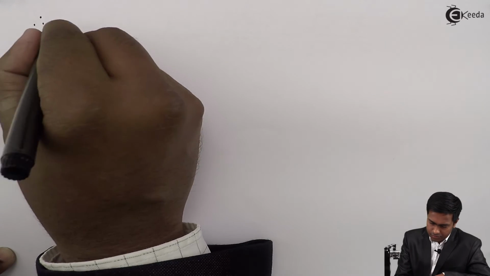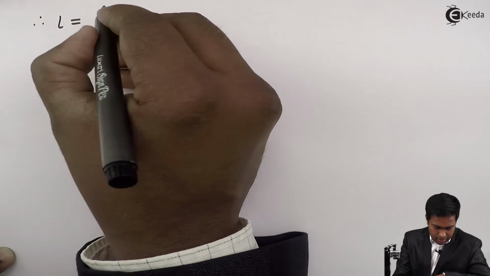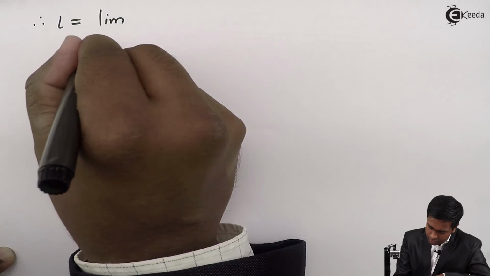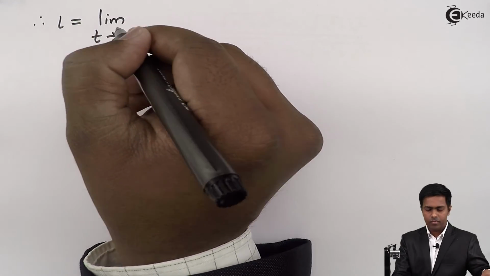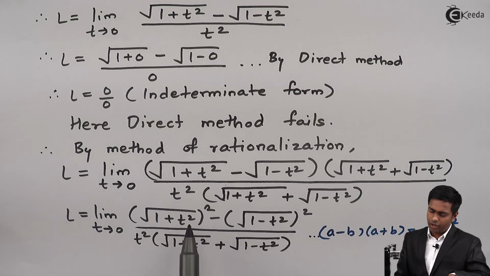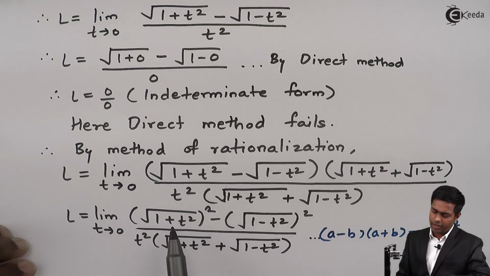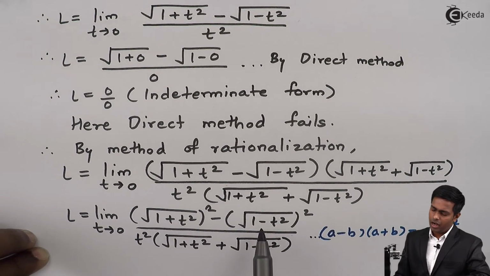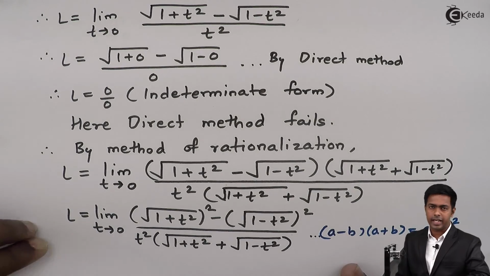So now we will get L as limit t tends to 0. Here the square and square root will cancel and we get 1 plus t square, and 1 minus t square in the second bracket.